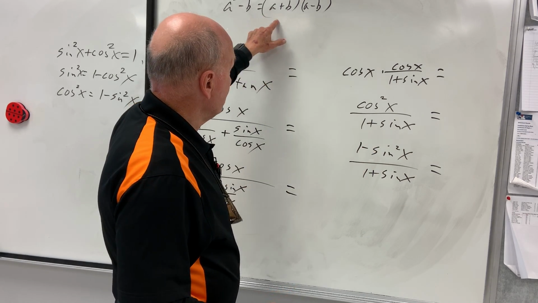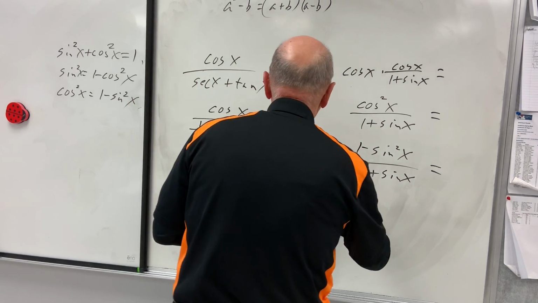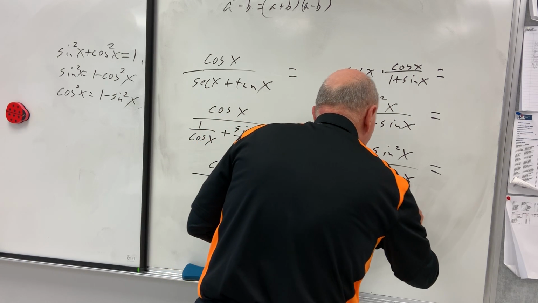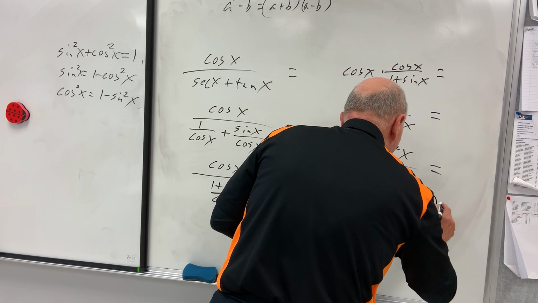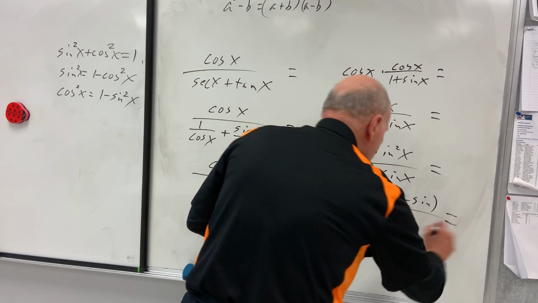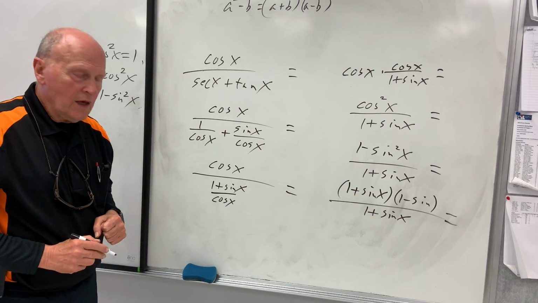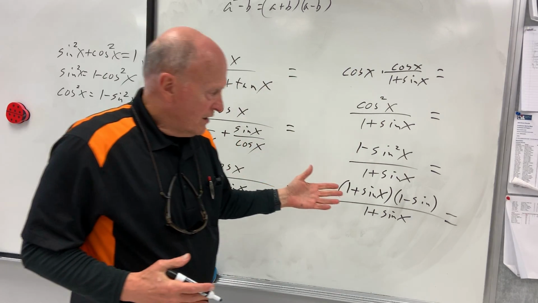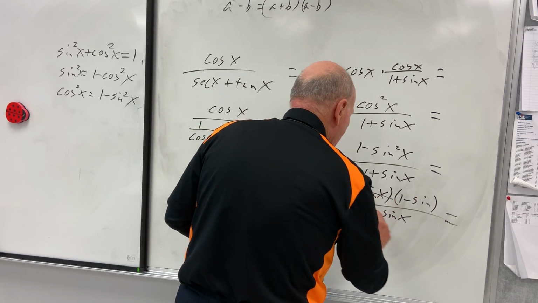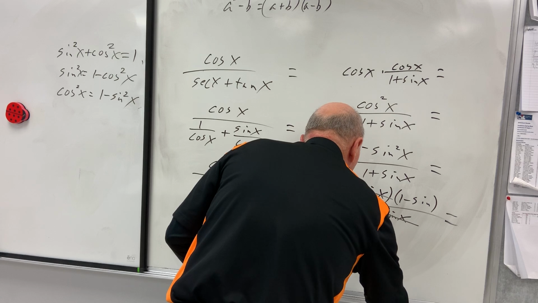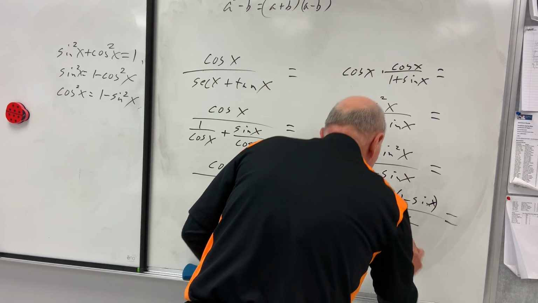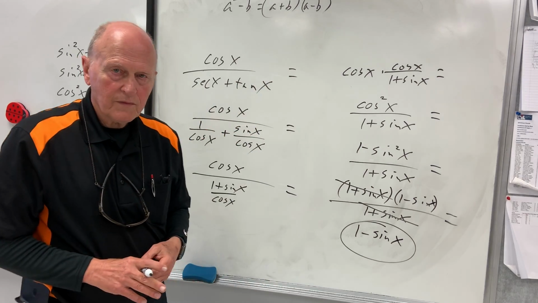It is a difference of squares, so I can break this down to 1 plus sine x times 1 minus sine x all over 1 plus sine x, like so. We see a common factor in the numerator and denominator. We see that this cancels out, leaving us an answer of 1 minus sine x, like so, for an answer.